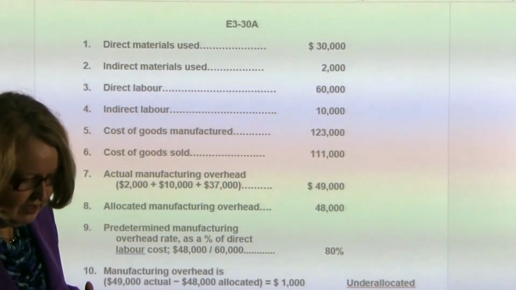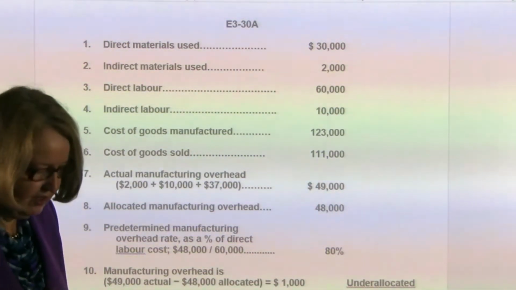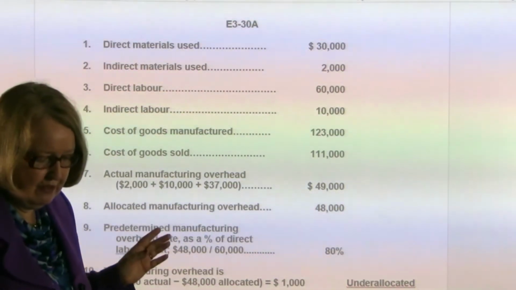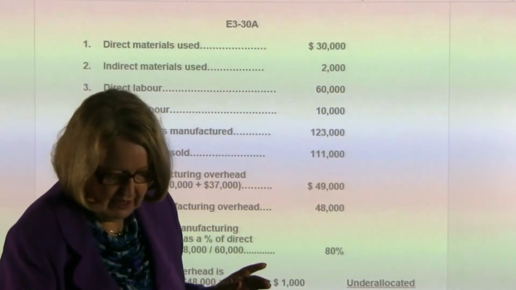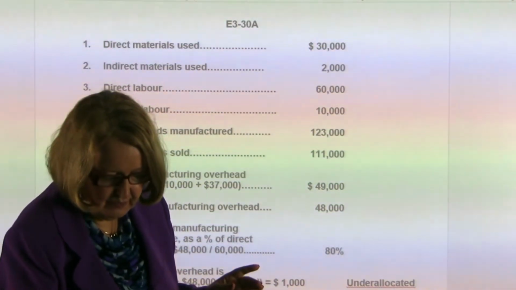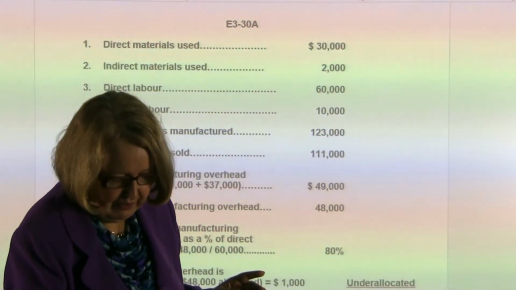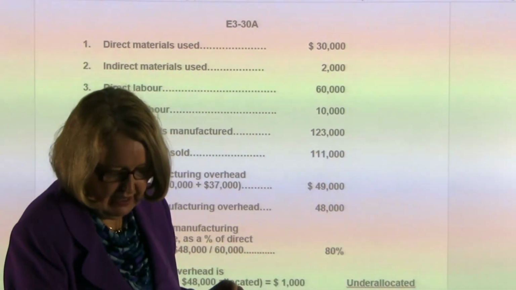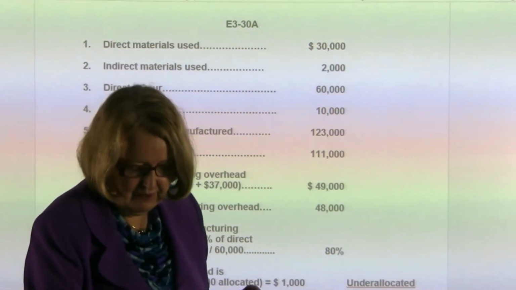The first one is, how much direct materials were used? The answer is 30,000. To figure out where that came from, if you look at your raw materials inventory, it has 32,000.